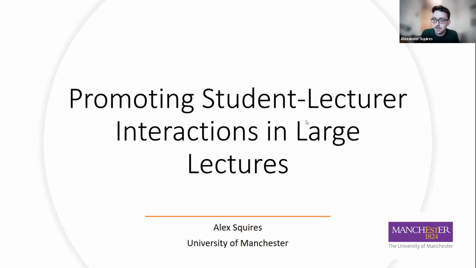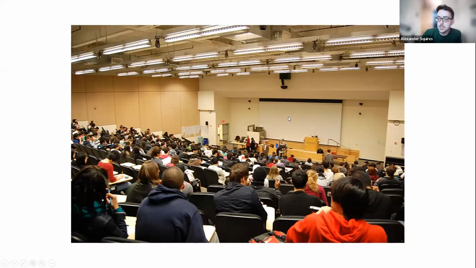So I'm going to give the context of this. This was done at the University of Manchester. We're a very large university, and our economics course is also very large. And it was done in a first year microeconomic principles lecture. So when I say a large lecture in the title, we have over 1,000 students in this course.